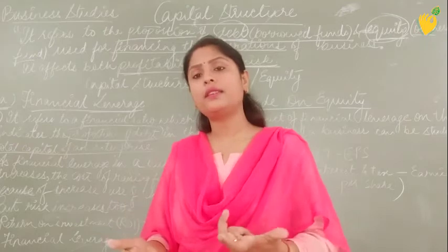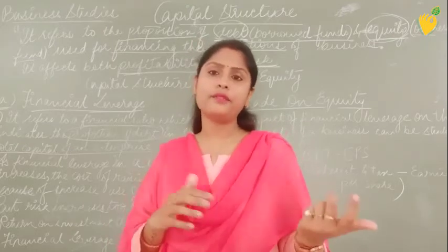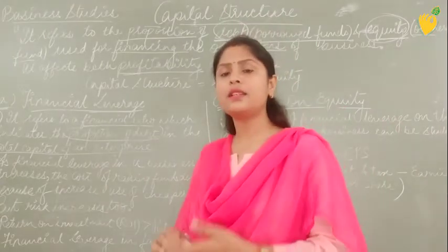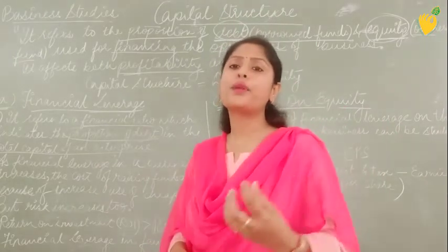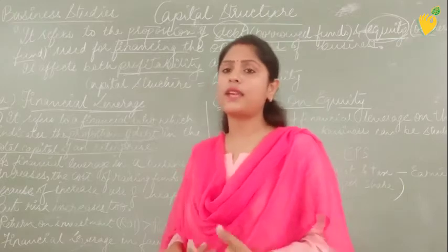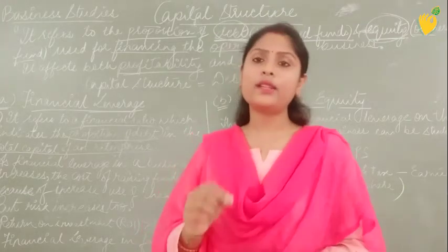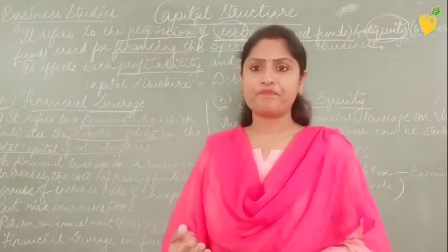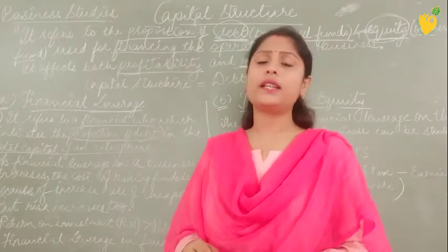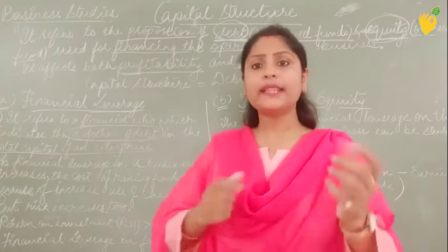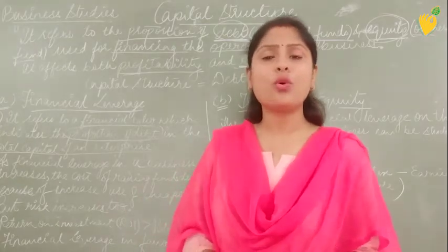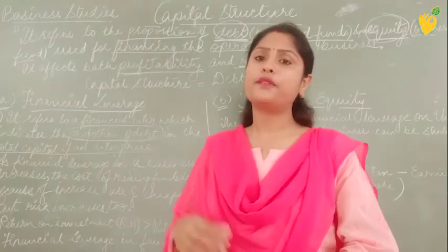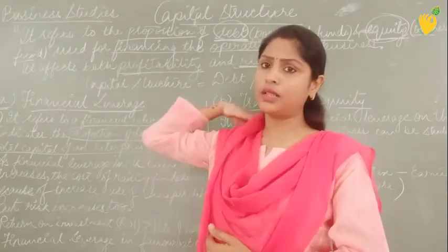In some organization it can be 5:5, 5 lakh rupees and 5 lakh rupees. So as I said, it completely depends upon the preference of the organization, which fund is getting more preference, more proportion. Sometimes it can be debt and sometimes it can be equity, but each one has its own drawbacks and benefits.